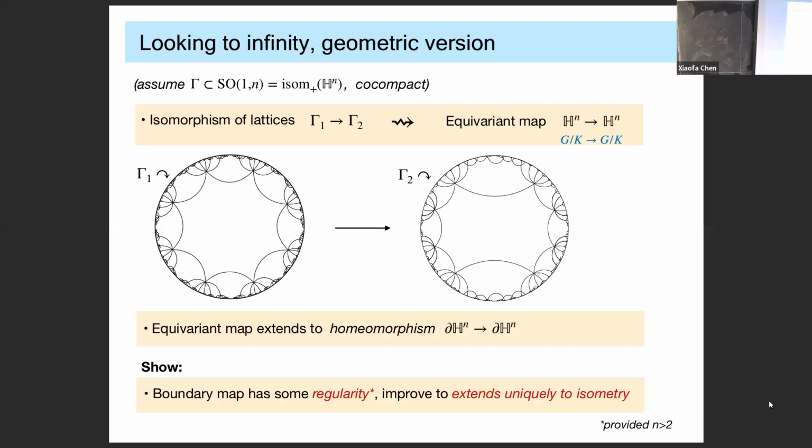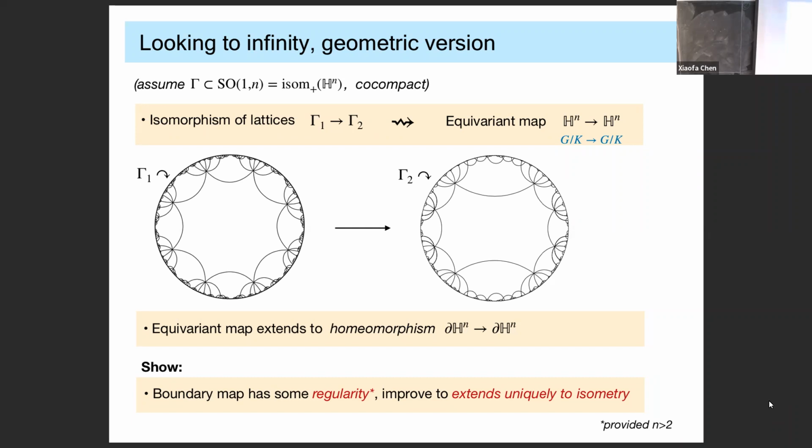So my cartoon will be the setting that Mostow originally proves a very strong rigidity result in. He considers lattices in SO(n,1), which is the isometry group of hyperbolic space. Here's a nice cartoon proof, or at least an outline, of a beautiful theorem in mathematics.